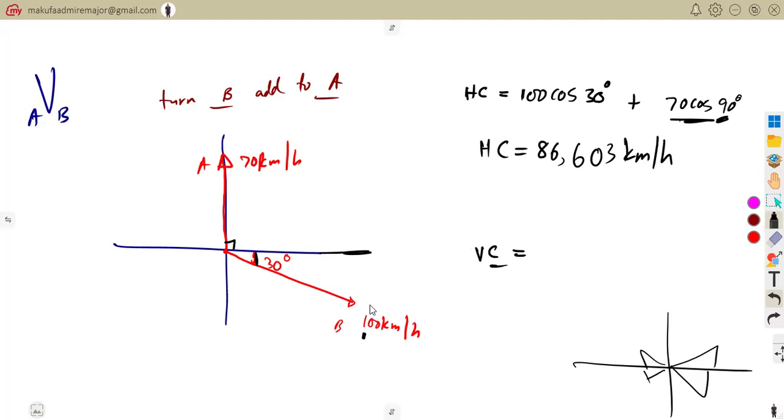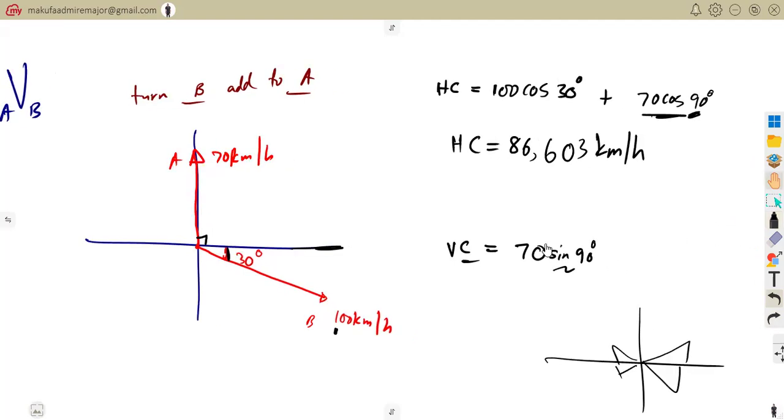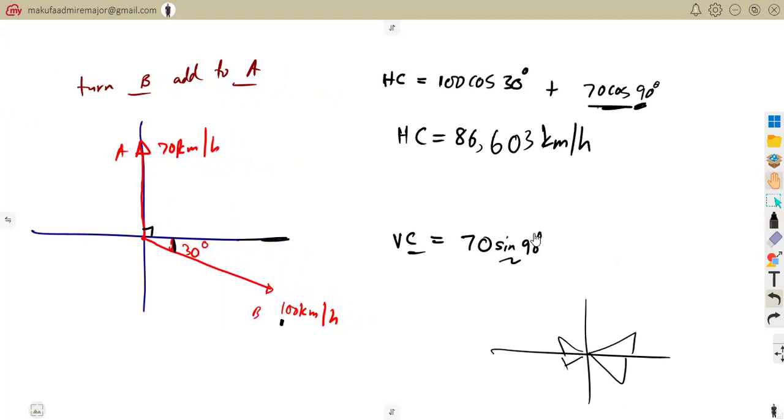The vertical, what is going to happen on 100? Or you can start with the A. It's going to be 70 sine 90. Sine 90 is the same as one. Then what about the 100?